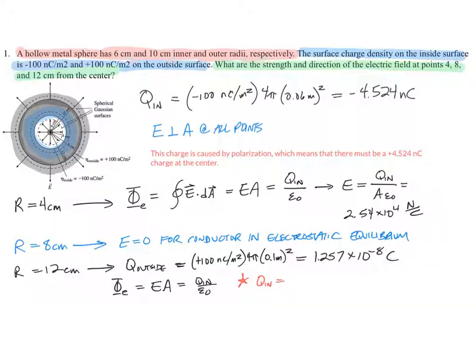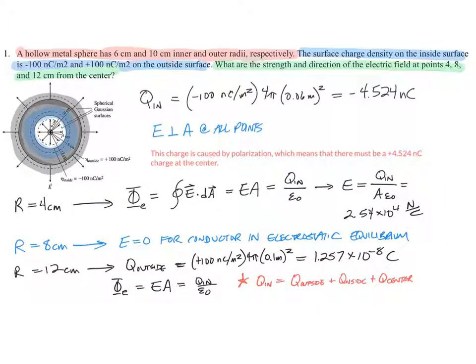So the Q enclosed is the thing that's relative to the Gaussian surface. That's going to be this outside charge, everything that's on the inside of the Gaussian surface, plus the charge that's on the inside of the sphere, not to be confused with the Q enclosed for Gauss's law, and then the charge at the center, the thing that's polarizing the inside sphere charges. All of that's going to be what our Q enclosed is.